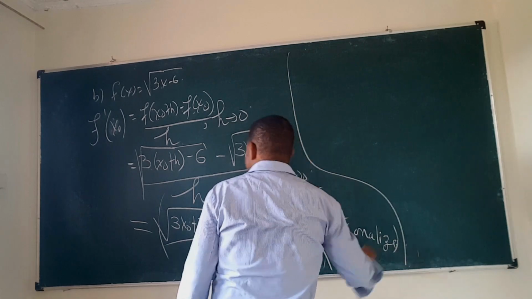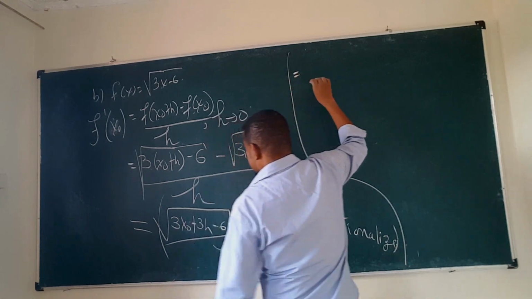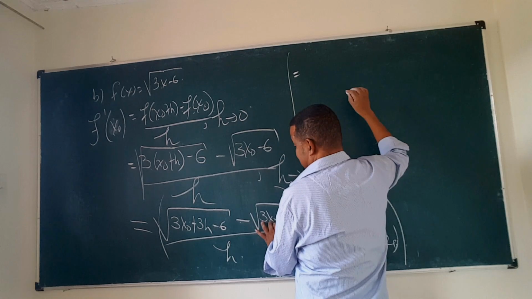So that will be the derivative. We multiply this by this conjugate.